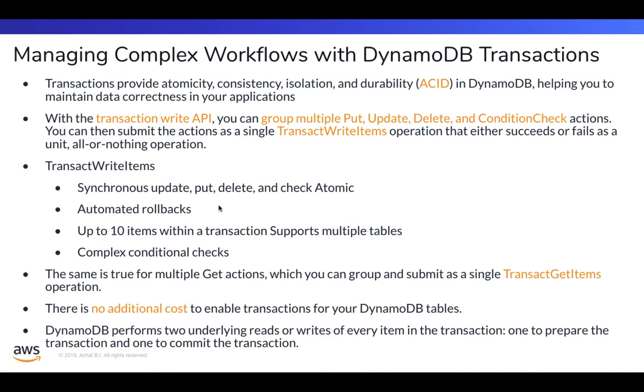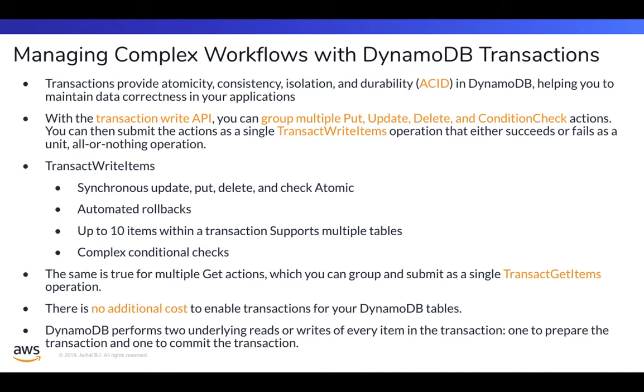With transaction write items, you get synchronous updates of the write operations, and the rollback is automated. Up to 10 items within the transaction are supported. It also supports complex conditional checks while performing these transaction write APIs.